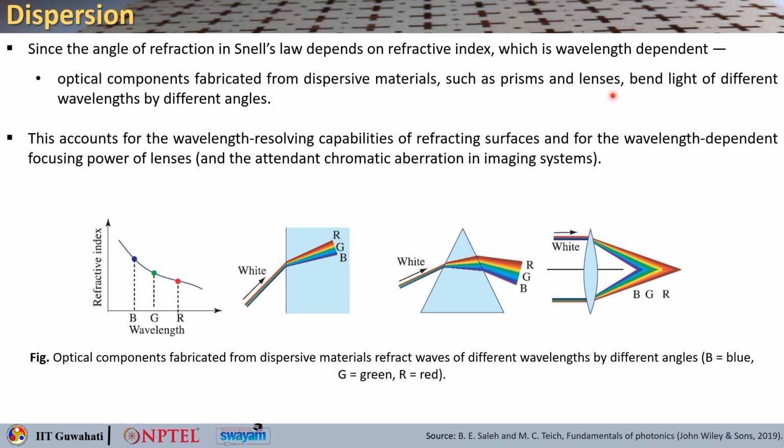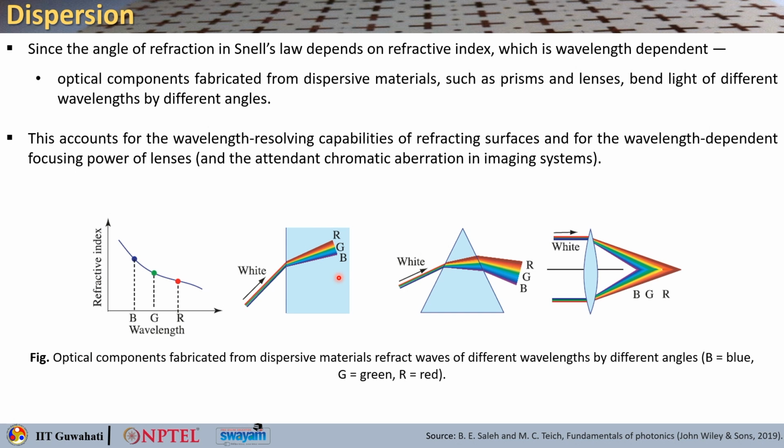So, this accounts for the wavelength resolving capability of the refracting surfaces, that different wavelengths have different refractive indices. So, a white light, with red, green and blue components, will go at different speeds because they experience different refractive indices based on their wavelength, and that will actually resolve the wavelengths, separate them out.